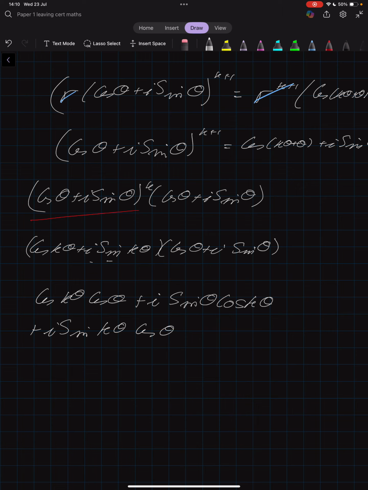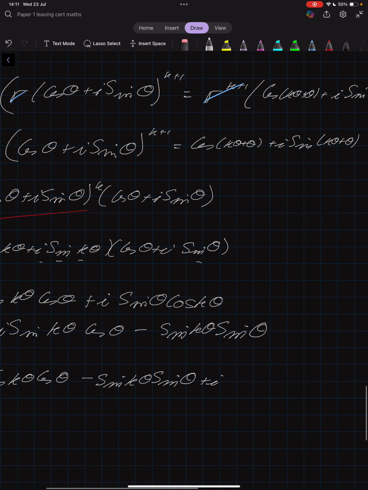Then it's this one times this one, so it's i times i, which is minus 1, so it's minus sin k theta sin theta. This now is equal to cos k theta cos theta minus sin k theta sin theta, plus i times (sin theta cos k theta plus sin k theta cos theta).